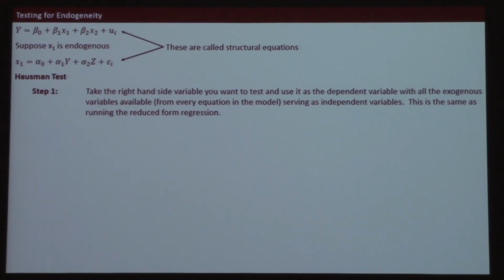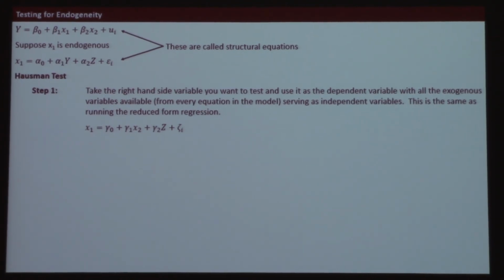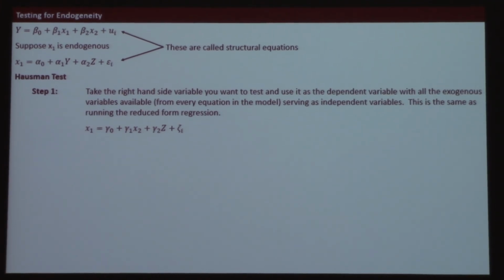So take the problem variable, which is x1, and run it against everything on the right-hand side of all the other equations. Notice y is not up there. So x2 is up there and z is up there.